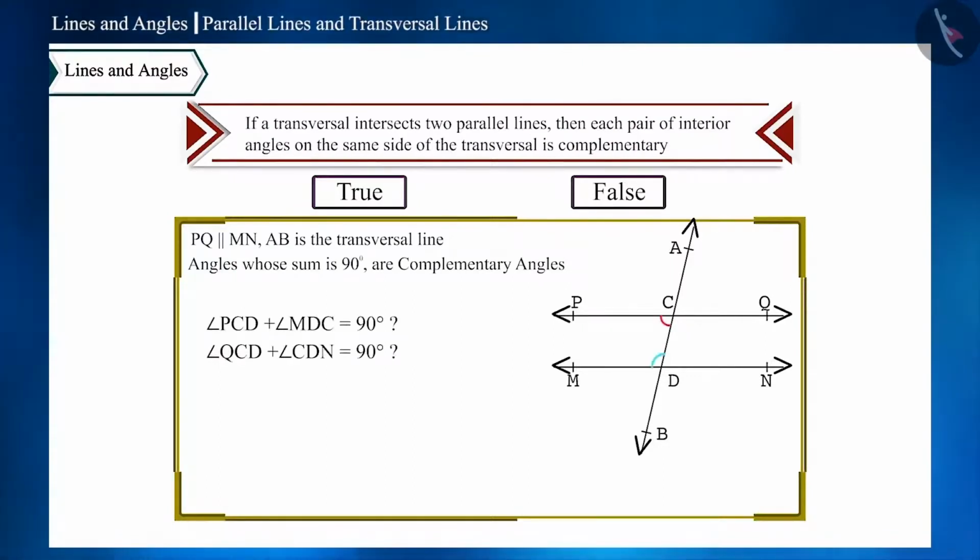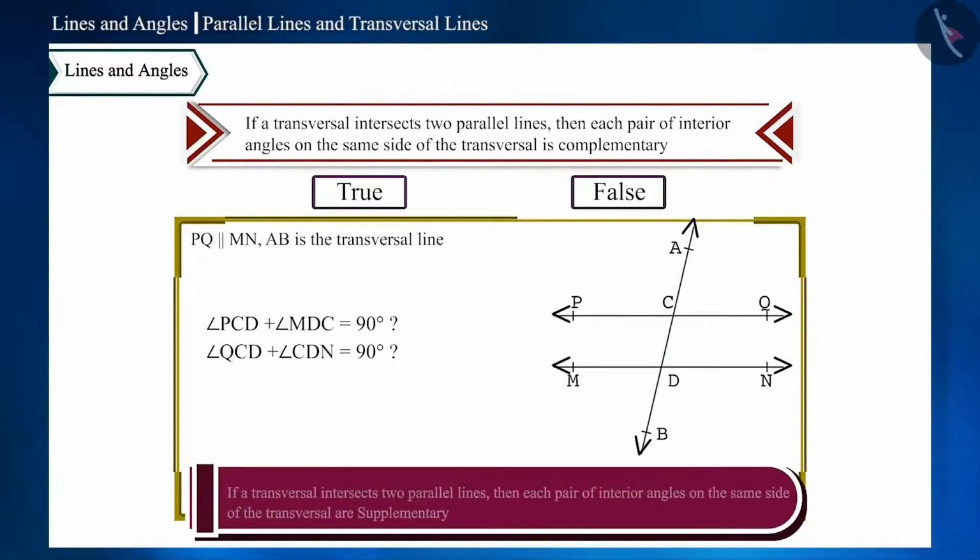From the figure, we know that their sum is more than 90 degrees. And to prove this, we can use this theorem. If a transversal intersects two parallel lines, then each pair of interior angles on the same side of the transversal are supplementary. That is, the sum of these two angles is not 90 degrees, but 180 degrees. Therefore, this statement is false.